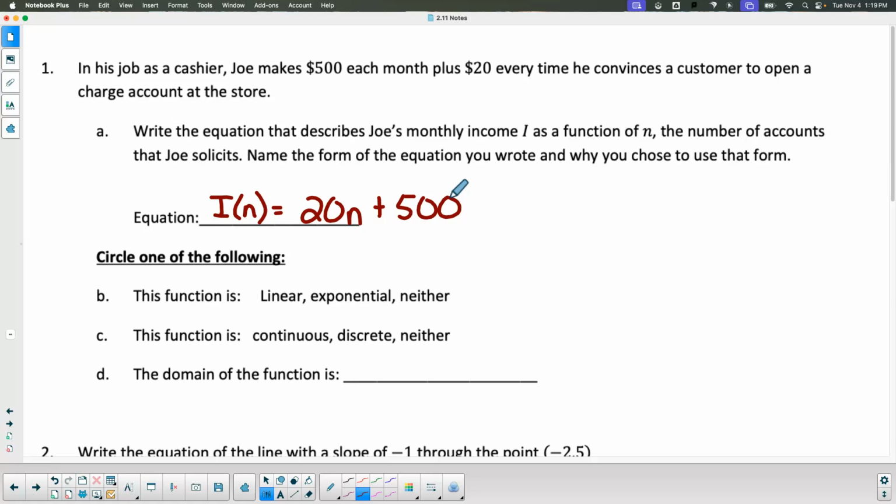Is that linear, exponential, or neither? Linear. Is it continuous, discrete, or neither? Why discrete?